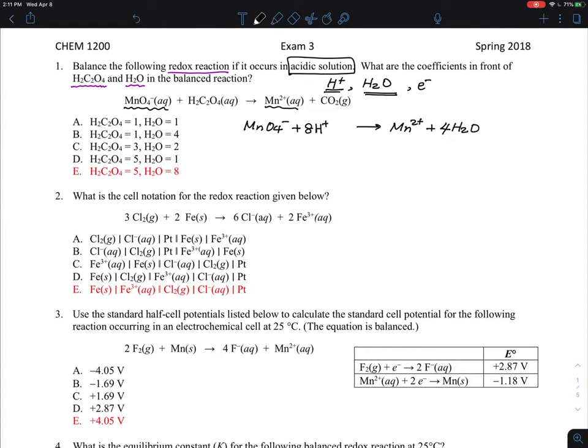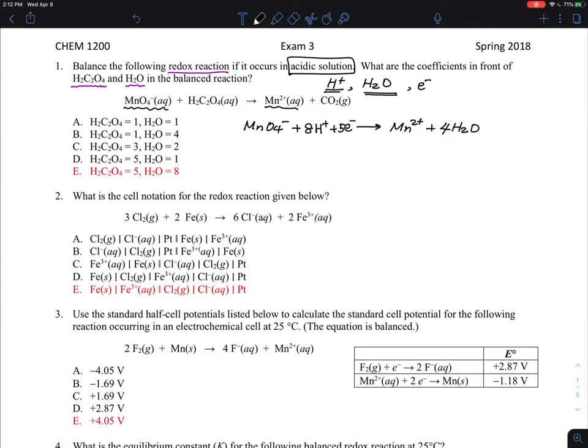Finally, if you look at the charges, plus 7 on the left-hand side, plus 2 on the other side, so you need to subtract those pluses by adding 5 electrons, so the charge is neutralized.